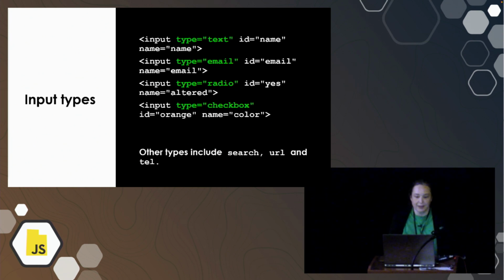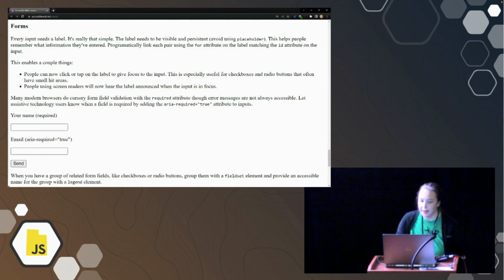I have a whole talk about structuring accessible forms, though, where I say that it's really not good to rely on HTML5 browser validation. Yeah, so there's an email, radio, checkbox, of course, and there are other types like search, URL, and tel that will further constrict what kind of data can be entered into those inputs.